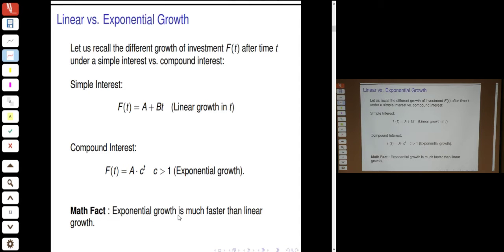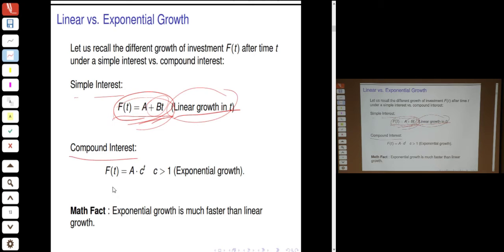So, just a bit about linear and exponential growth. The different growth of investment under simple interest and compound interest is exactly the comparison between linear and exponential growth. So if it is simple interest, then you get a linear growth in time, because essentially you get the same amount of interest every year, and then the sum after t years is a plus bt, so it is linear growth in t.